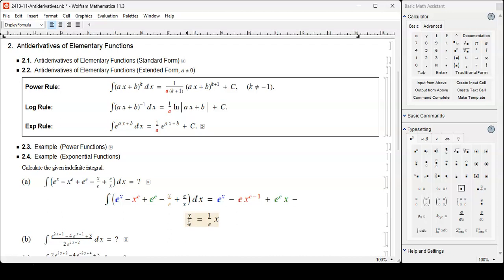So what is this? This is just a coefficient, and this is a power function, just 1 power. So what do you get here? 1 over e and then raise 1, and then divide. So that's the antiderivative. That's the brown part.